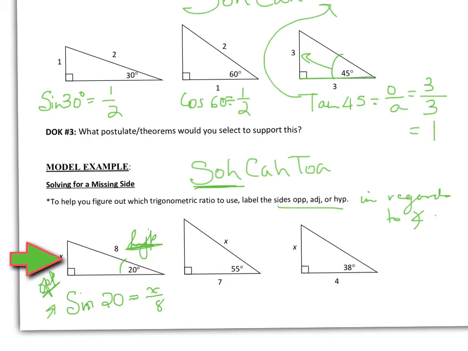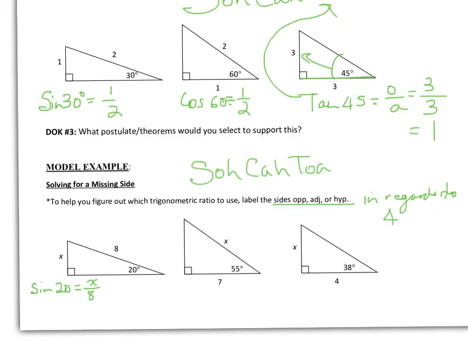We'll be able to find out what x is. After we set it up, we could work it out using our calculator. We're solving for x. To get rid of the denominator, we have to multiply both sides by 8. What happens when we do that is we end up with, using your calculator, 8 sine 20 is equal to x.